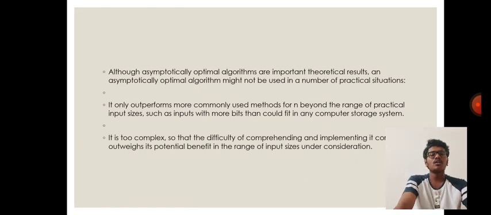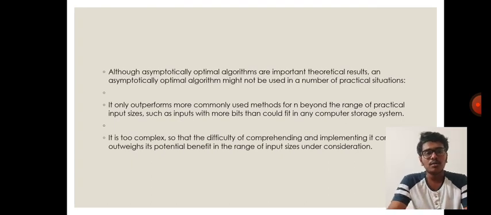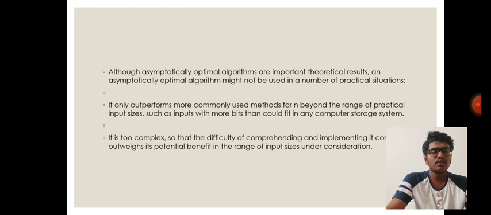Although asymptotically optimal algorithms are important theoretically, an asymptotically optimal algorithm might not be used in a number of practical solutions. It only outperforms more commonly used methods for n beyond the range of practical input sizes, such as inputs with more bits than could fit in any computer storage system.